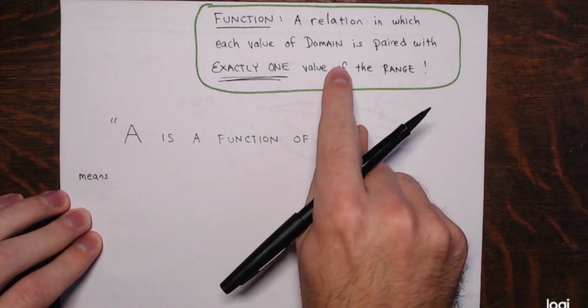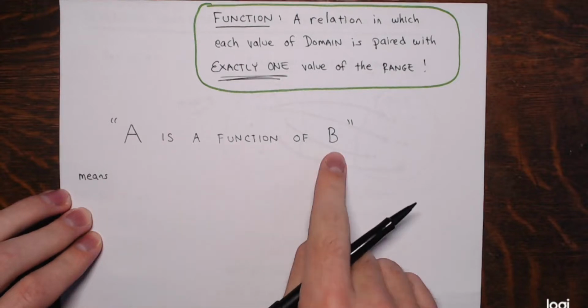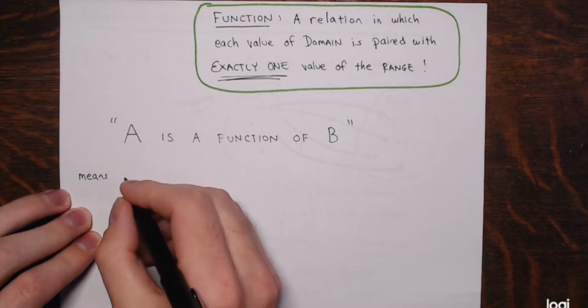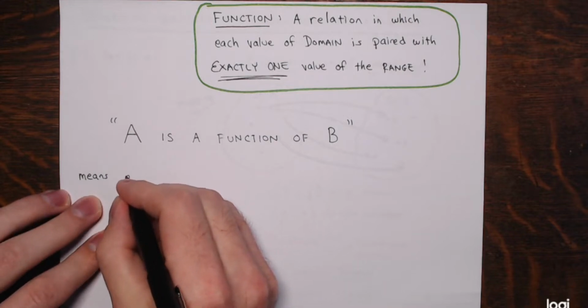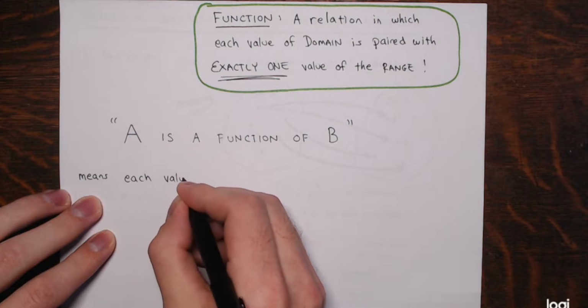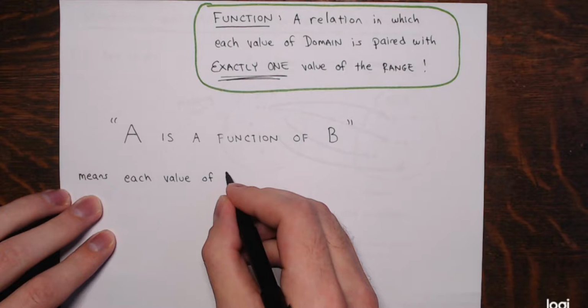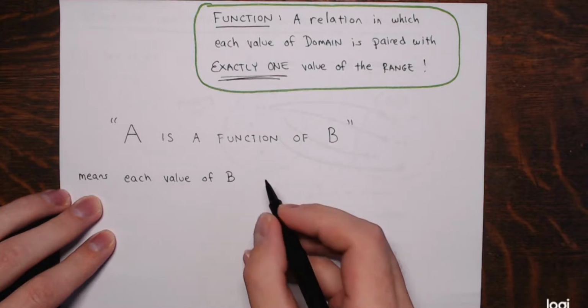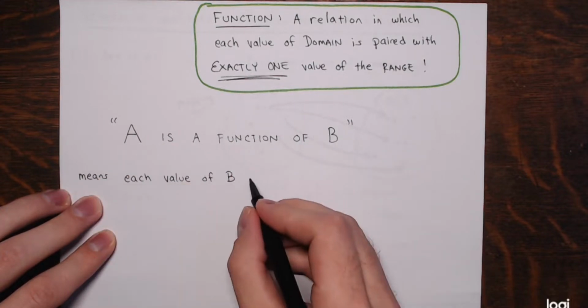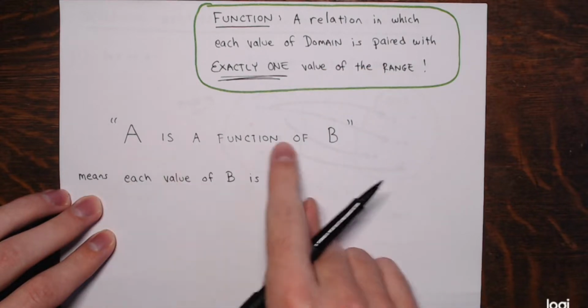Well, like from the definition of a function, when I say A is a function of B, that means that each value of B is paired with exactly one value of A. Kind of the same thing, but it's just a way of saying it.